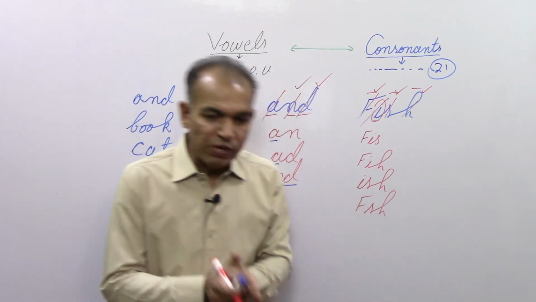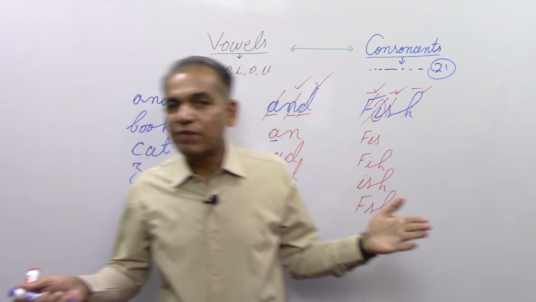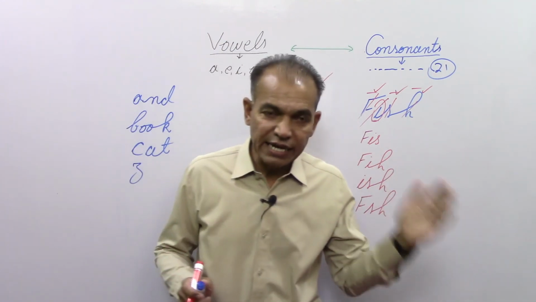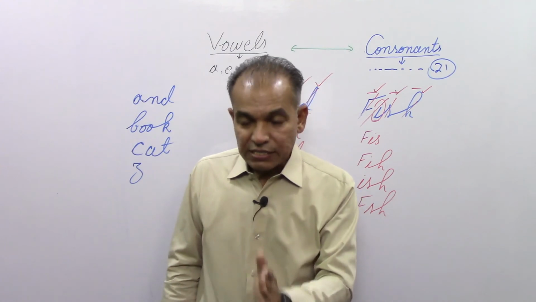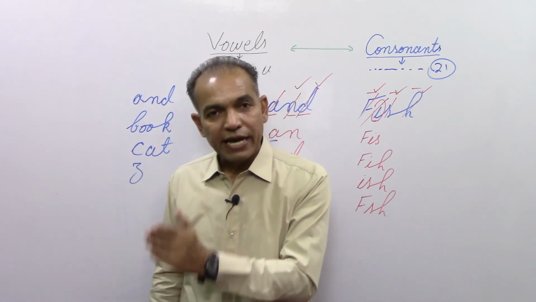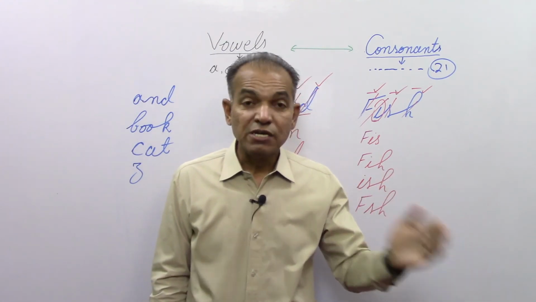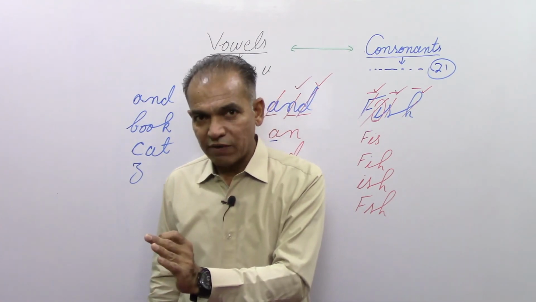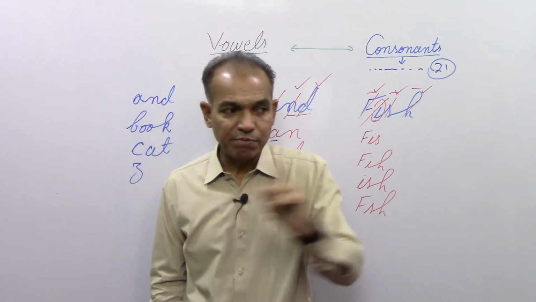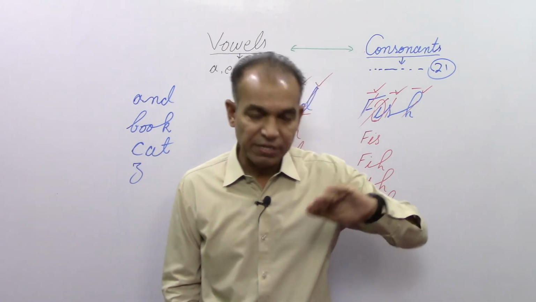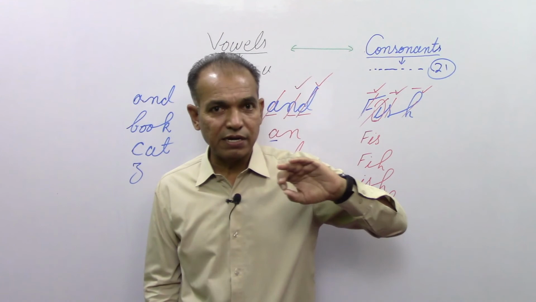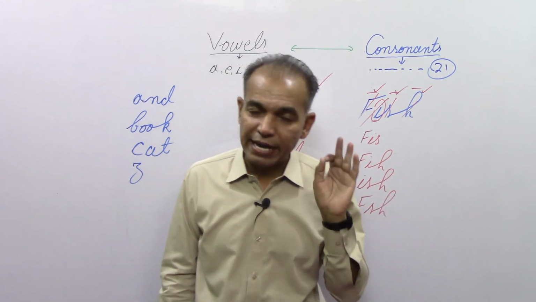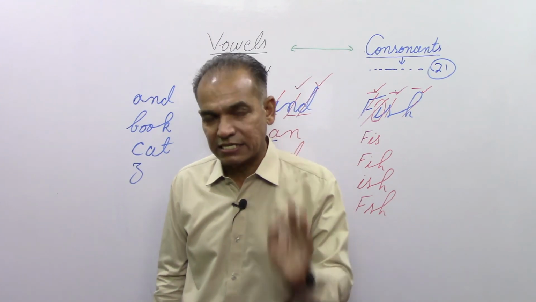Now we have learned why we have divided these letters into 2 types, vowels and consonants. Because vowels are the letters which help consonants to produce some sound. If you don't have any vowel in a combination of letters, that combination of letters will not be able to make any sound.